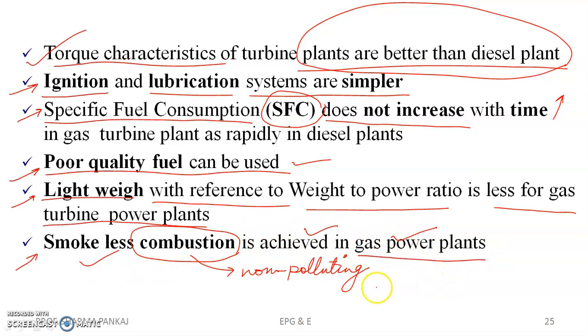It has complete combustion. The smoke left over is zero, so it is non-polluting. It is a very prominent advantage of gas power plants in comparison with diesel power plants.